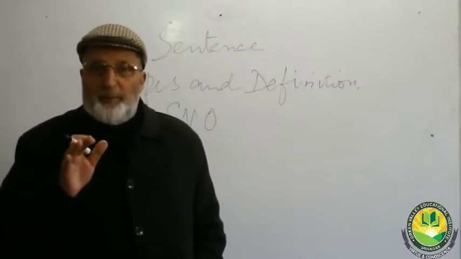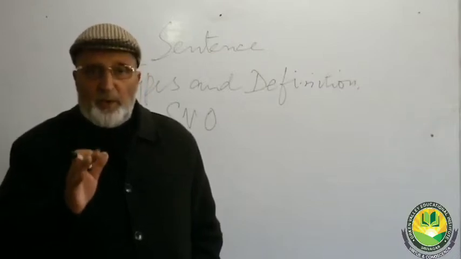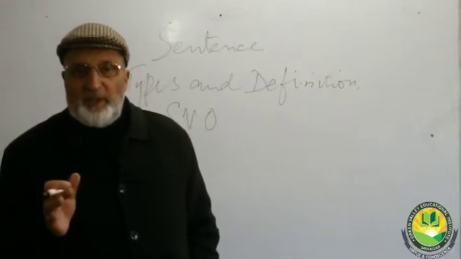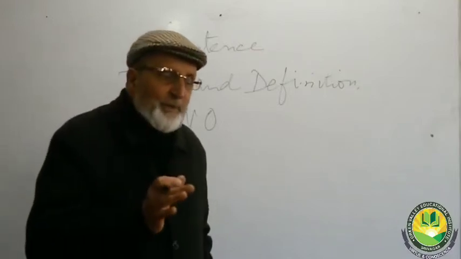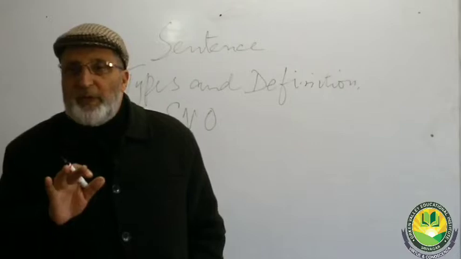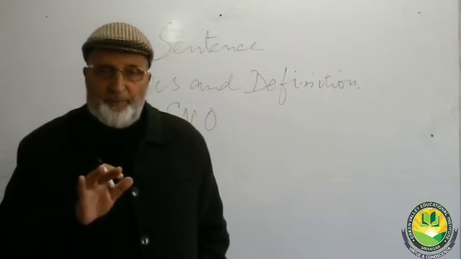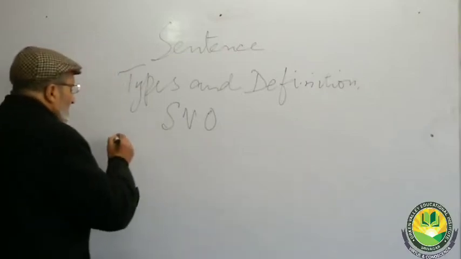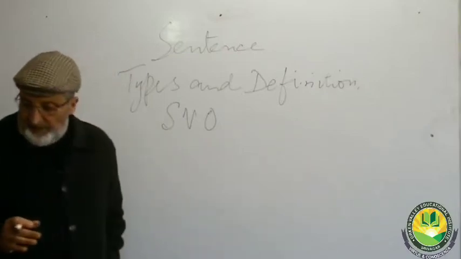So, verb is called the golden law of the language, that we can make a sentence without subject, make a sentence without an object, but we can never make it without a verb. Right?